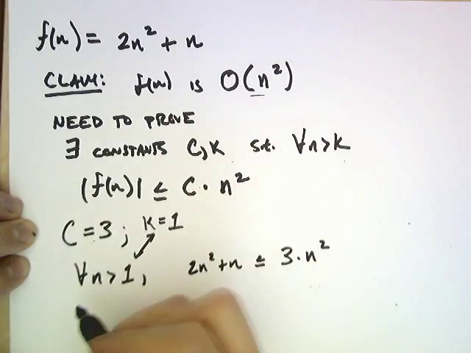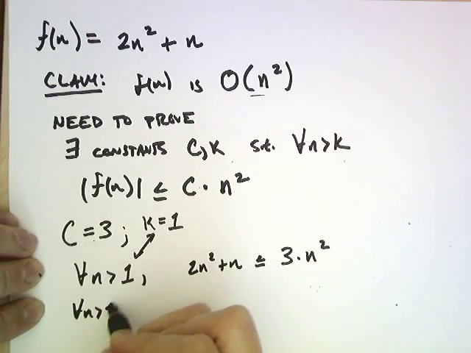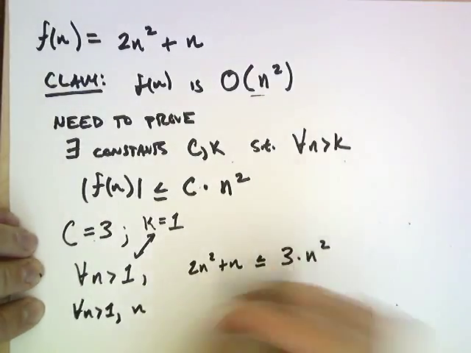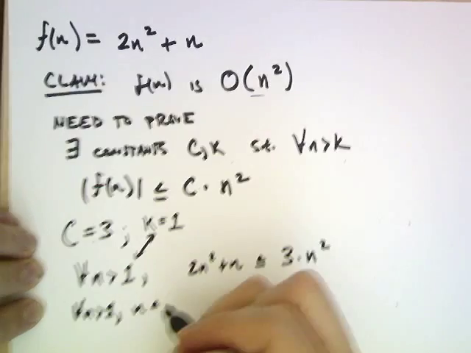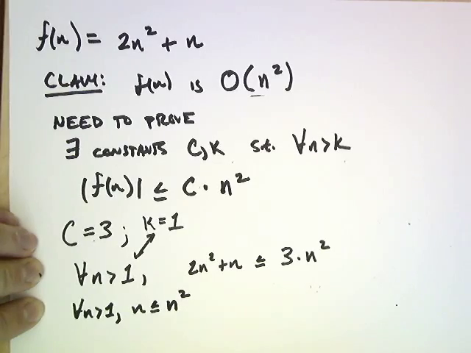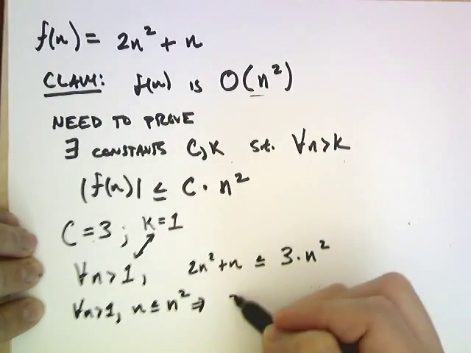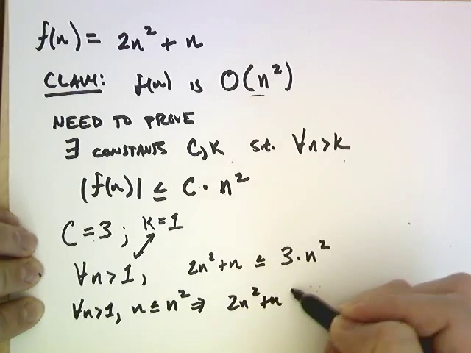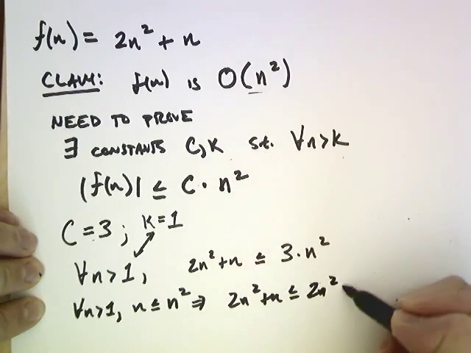Why is this true? Well, certainly for all n greater than 1, n is less than or equal to n squared. So that implies that 2n squared plus n is less than or equal to 2n squared plus n squared.